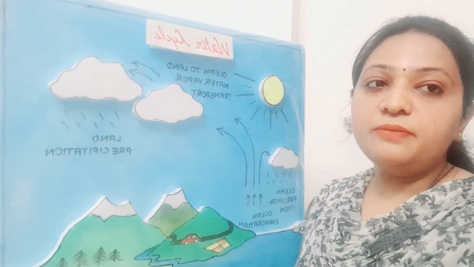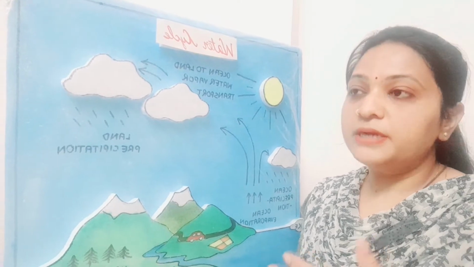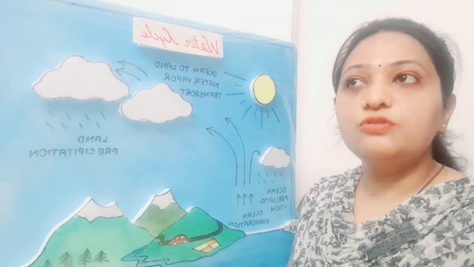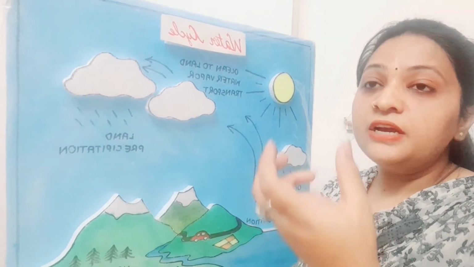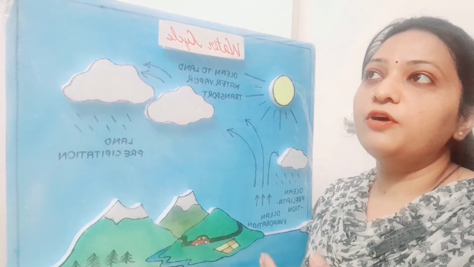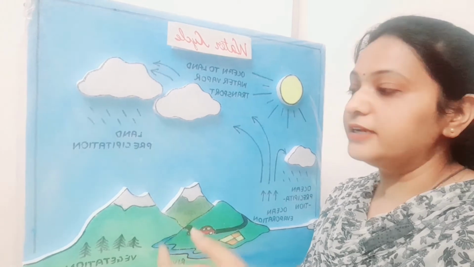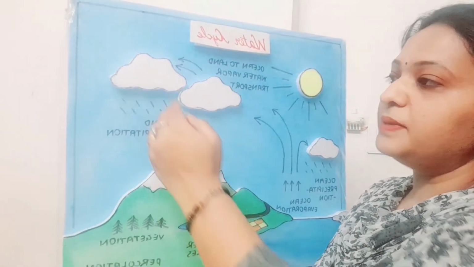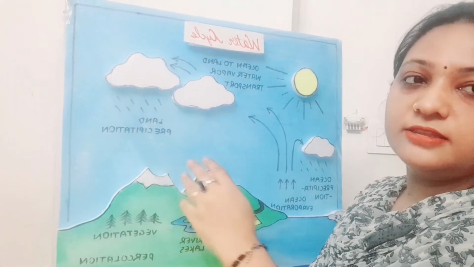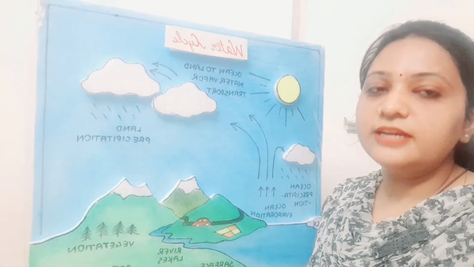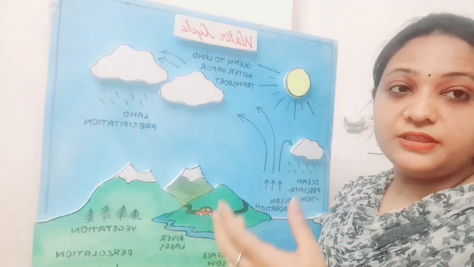This rain will be in the form of water, but if the temperature is below 0 degrees Celsius, it can be in the form of snow or hail also, that is, in the form of solid. So the third step is precipitation.